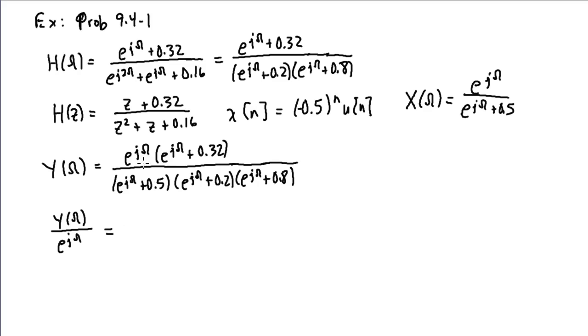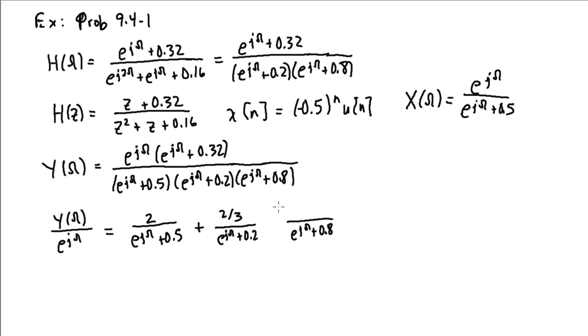In this case, that cancels the e to the j omega here, and with a little work, you can show that the partial fraction expansion of Y of omega over e to the j omega is 2 over e to the j omega plus 0.5, and then we'll have the e to the j omega plus 0.2 term. That corresponding coefficient is 2/3, and then finally we have the e to the j omega plus 0.8 term.